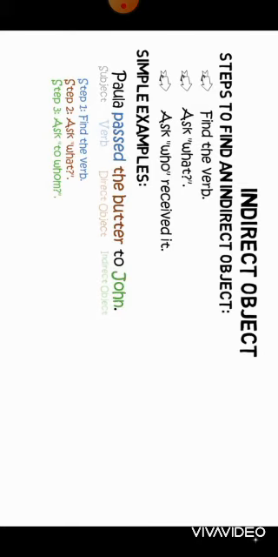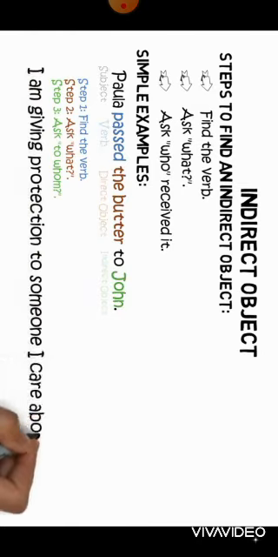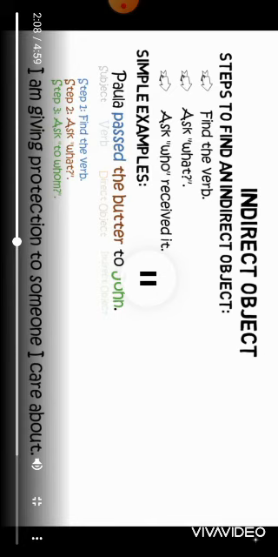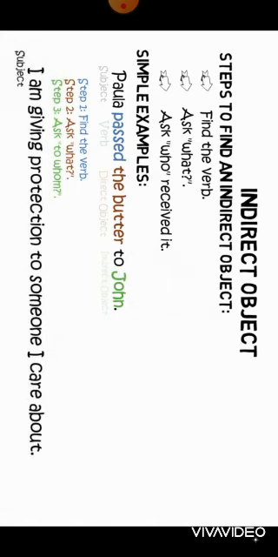Here's another example. I'm giving protection to someone I care about. I is the subject. Am giving is the verb. Am giving what? Protection, that's the direct object. To whom? Someone I care about. Someone I care about is the indirect object.